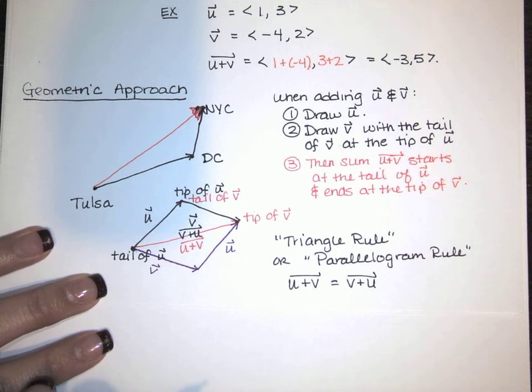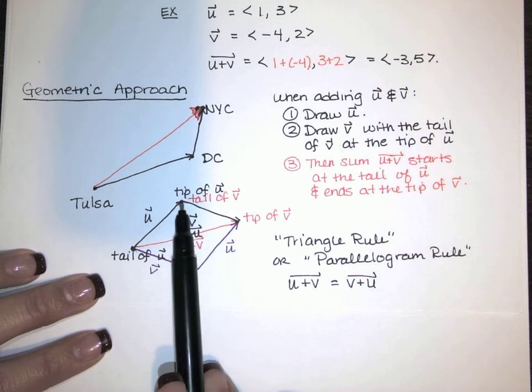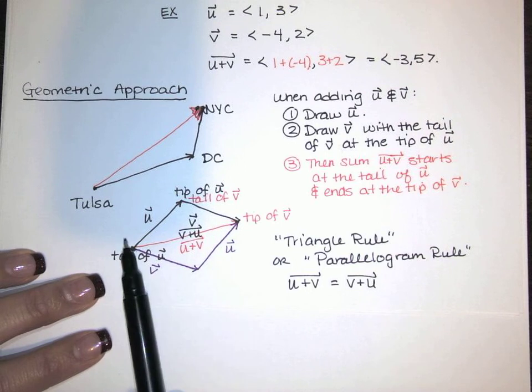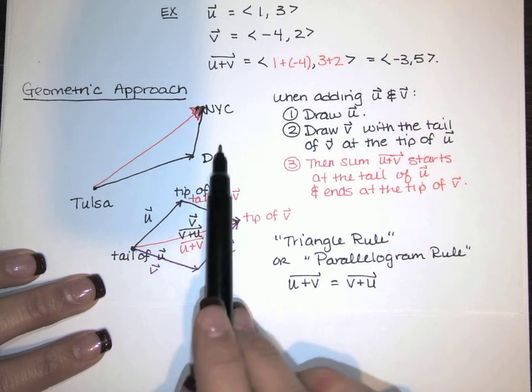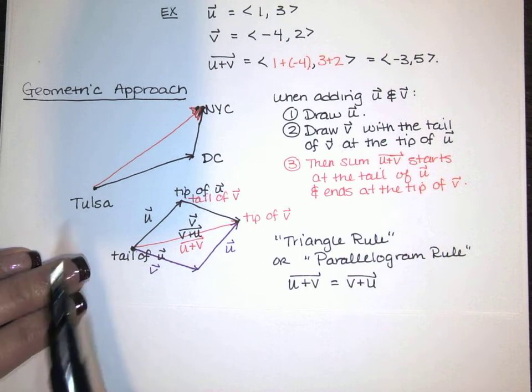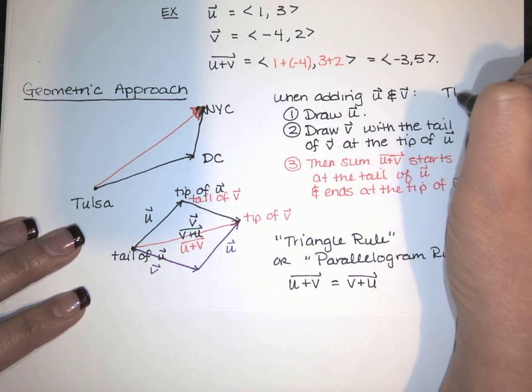So you have to be very careful. So we draw u, start where we ended up, draw v, start where we started, end up where we ended up, that's u plus v. And I think thinking in terms of displacement is very helpful. Again, this is called adding tip to tail.